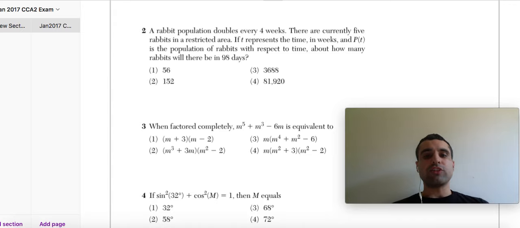A rabbit population doubles every 4 weeks. There are currently 5 rabbits in a restricted area, and t represents the time in weeks. P of t is the population of rabbits with respect to time. About how many rabbits will there be in 98 days?